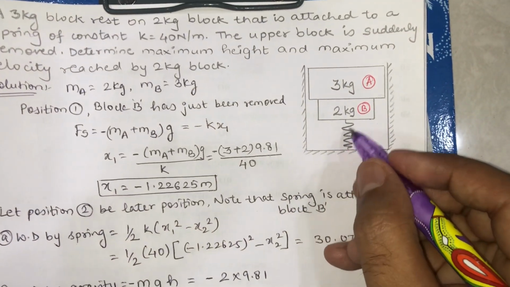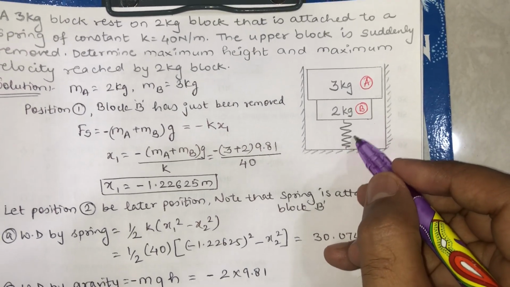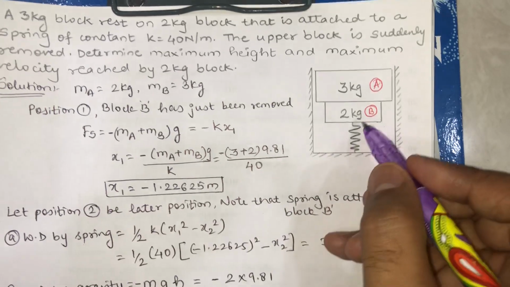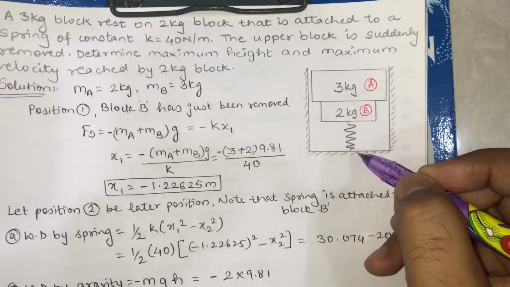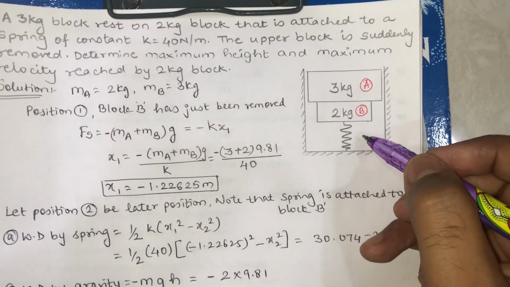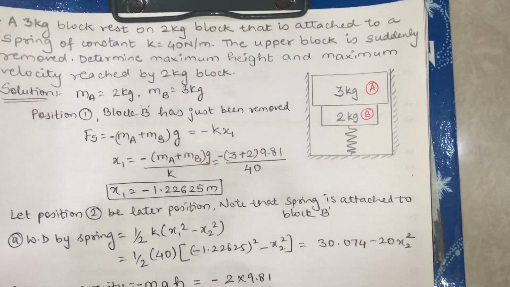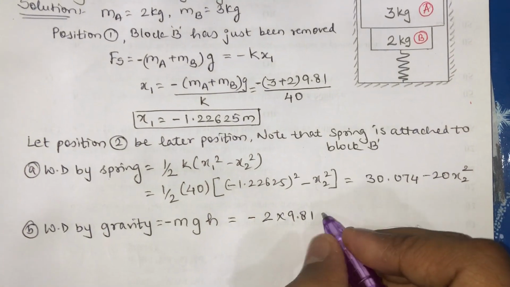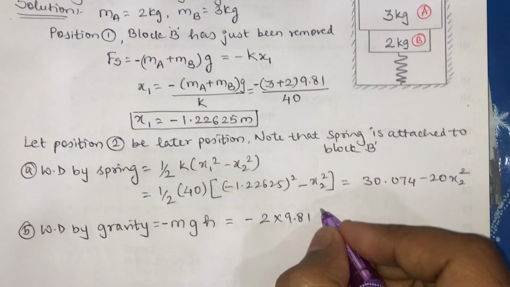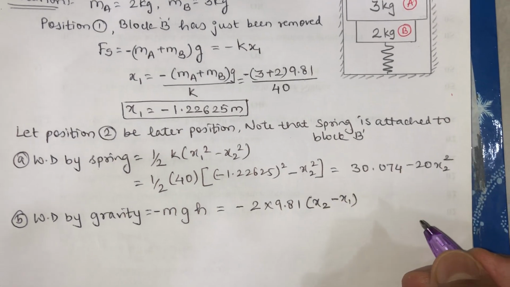Now here you have to be very careful. Right now, as the spring is already deformed, the deformation is x1, which we have determined. As block B is released, it will reach some distance, which will again have a deformation x2. If I take x2 minus x1, then I get the exact height it has reached along with the 2 kg. So here I'll write x2 minus x1.